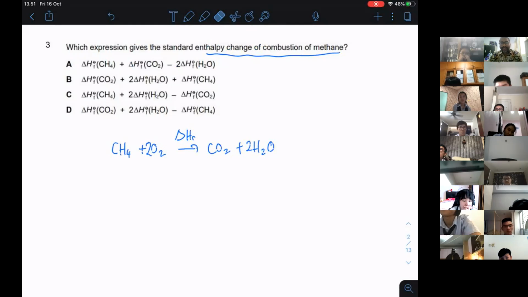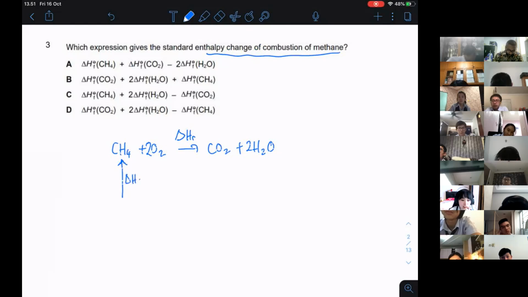What is my magic method? I will tell you how the magic method will save you here. To form CH4, the arrow will be towards CH4. No need to write the carbon plus hydrogen. The arrow to form CH4, 1 mole of CH4, is going to be the enthalpy change of formation of CH4.